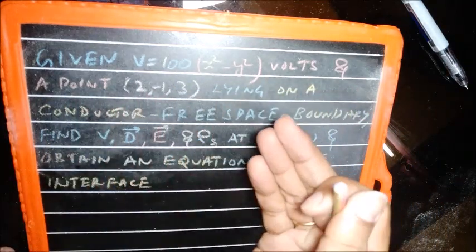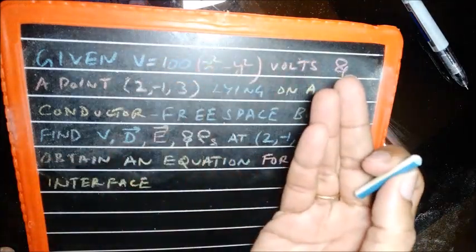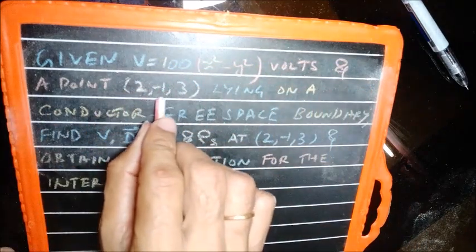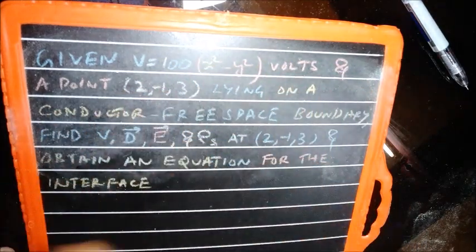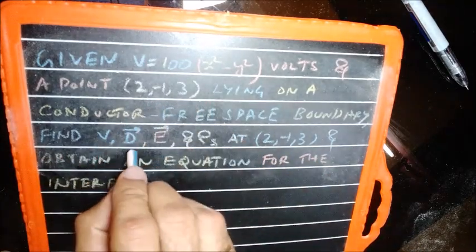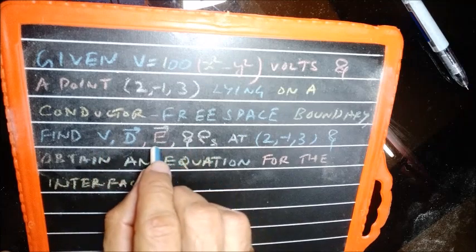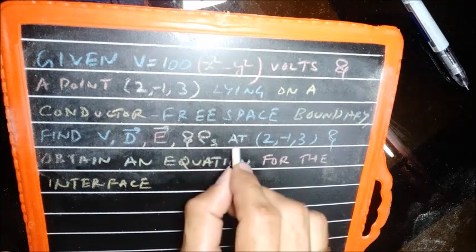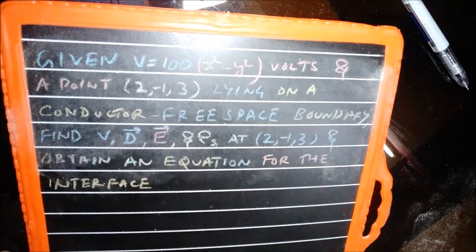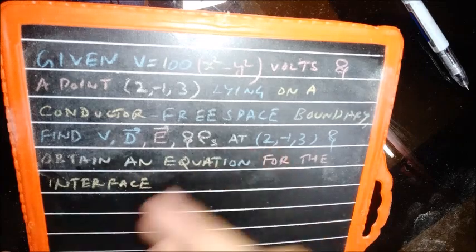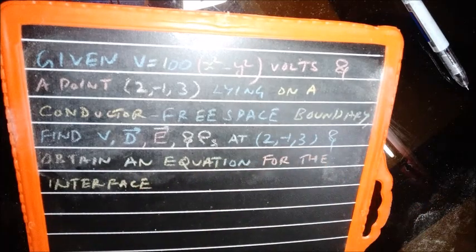So we are given the expression for the potential, which is a scalar field of course, and a point supposedly lying on a conductor free space boundary, and we have to find V, that is the potential, electric flux density, electric field, and the surface charge density rho s at the point 2, minus 1, 3, which is lying on the conductor free space boundary. And we should also obtain a mathematical expression for the interface. So that is the statement of the problem.